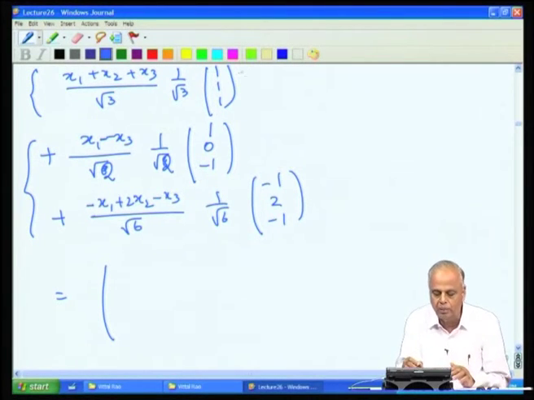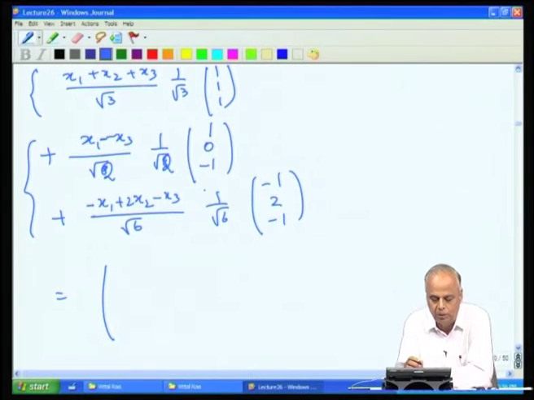If we simplify this, I will write this part separately and this part separately, because the first part belongs to W and this part belongs to W perp.